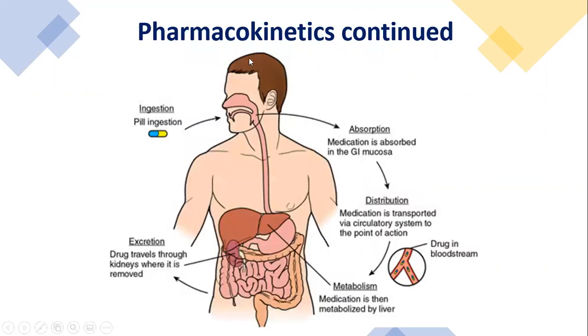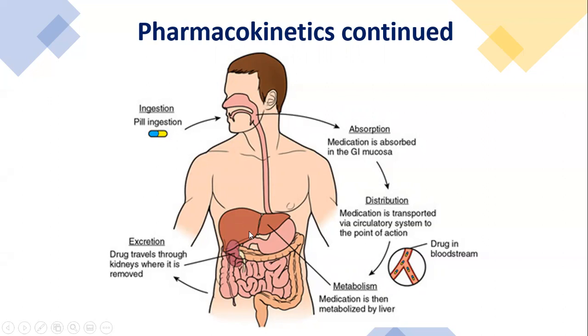And here is a flow chart. When we take the medication, an injection of medication or a pill, it goes for absorption; medication is absorbed in our gastrointestinal system. Distribution: medication is transported through the circulatory system to the point of action.